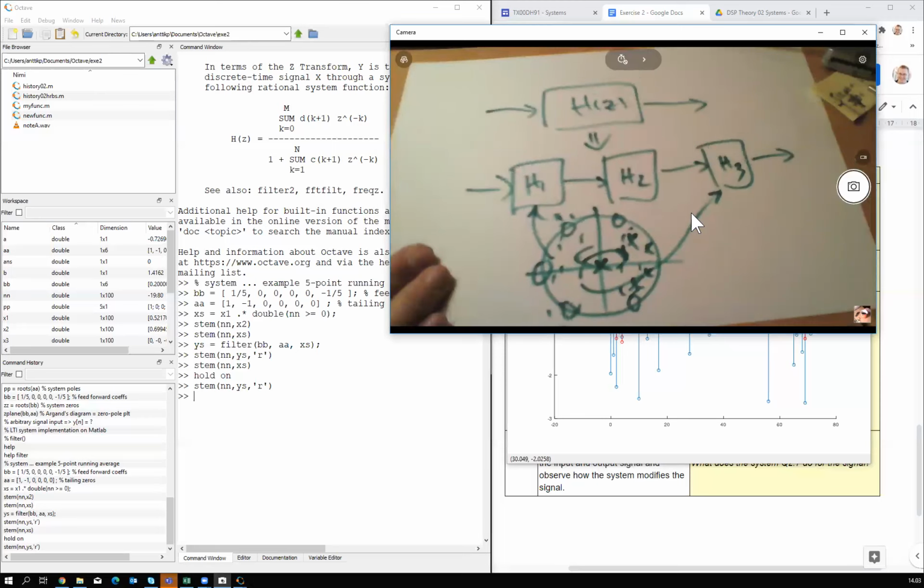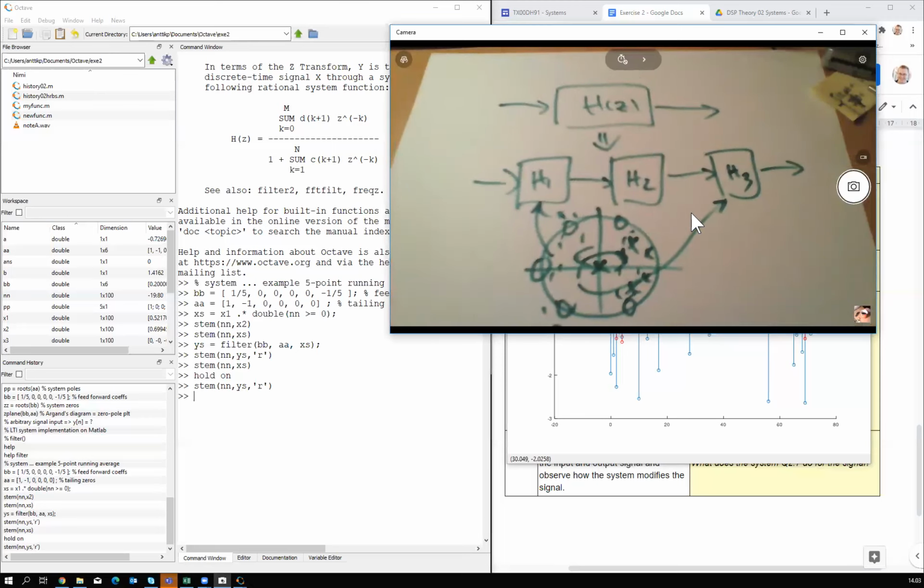There are very good reasons to do it, which is why the digital signal processing function library usually has implementations only up to second order systems for infinite impulse response systems. But we'll talk more about that next week.